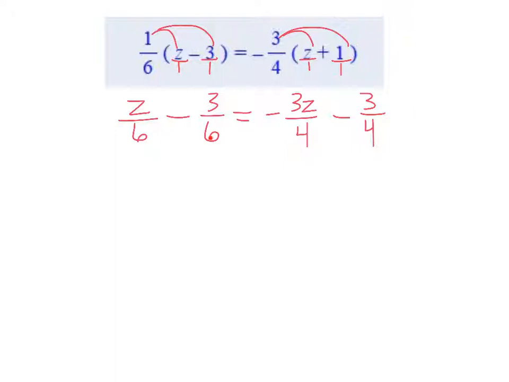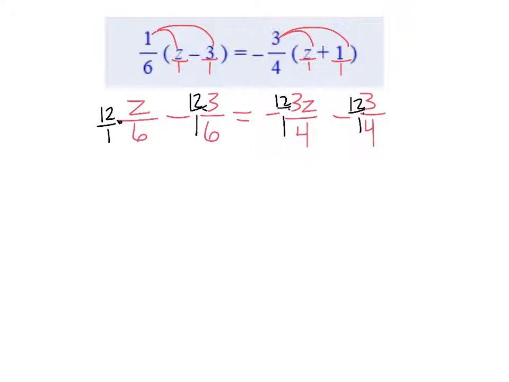So I could go with 24, but 12 is a better option. Both of these numbers would go into 12. I'm going to take everything times 12. So this is going to be 12 over 1 that I multiply by, again, 12 over 1, 12 over 1, 12 over 1.